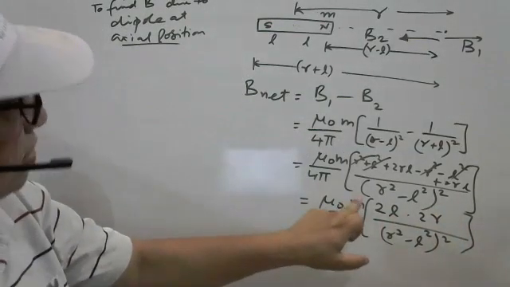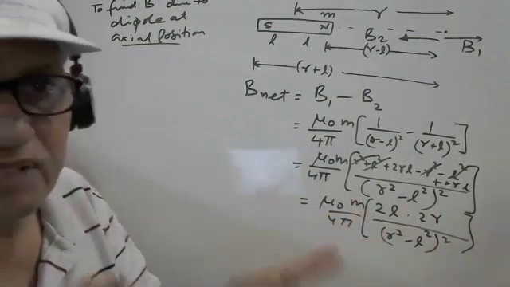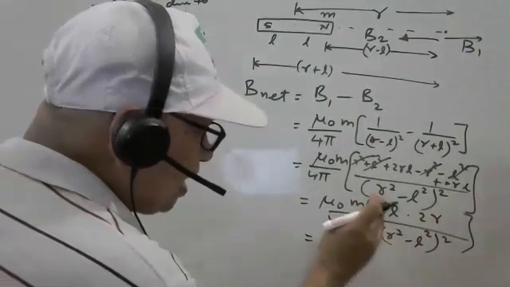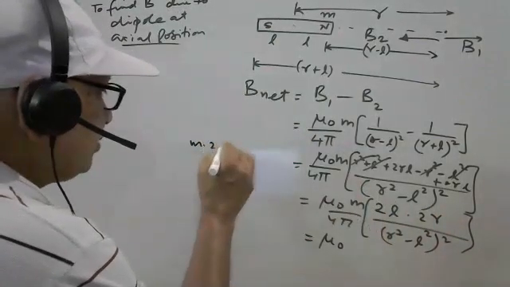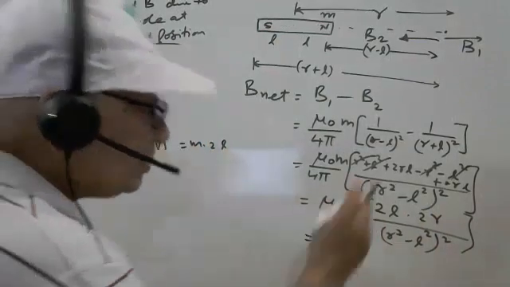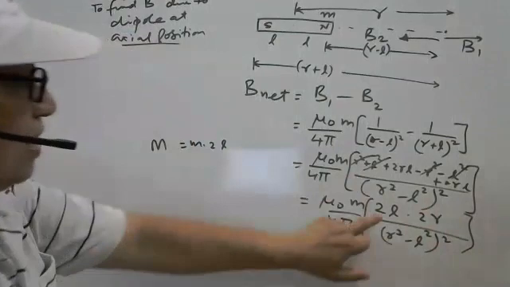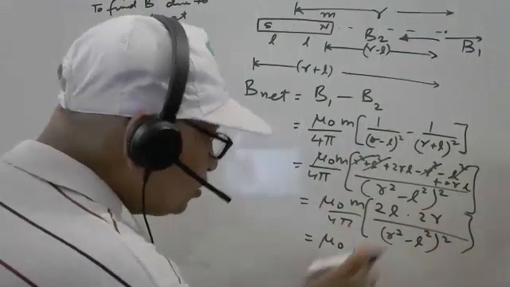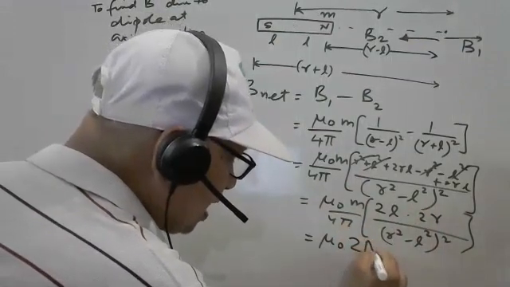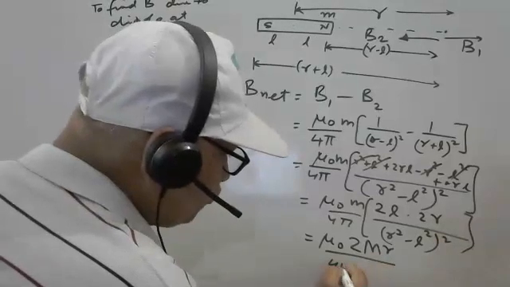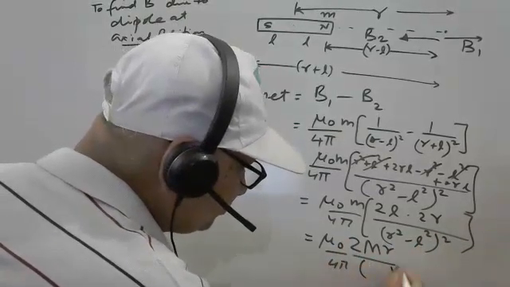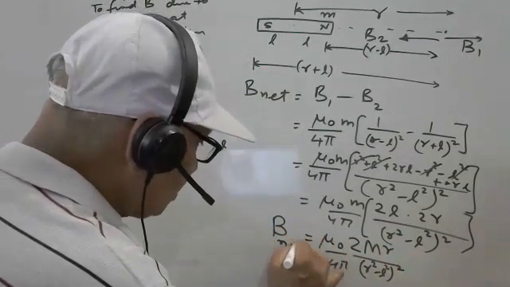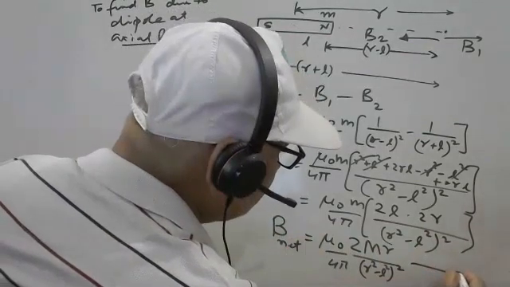Because we want to replace m into 2l with capital M, the dipole moment. Mu naught, capital M, instead of m into 2l. We know capital M is the dipole moment. That is why I have written like this. And m into 2l is written as capital M, and 2r also, so we can write 2r upon 4 pi, and here like this. So this is the final formula for magnetic field, say equation 2.